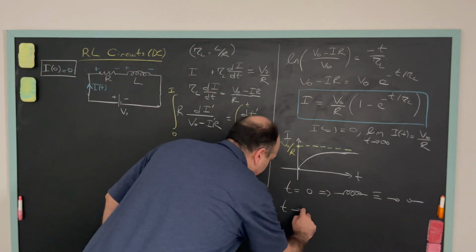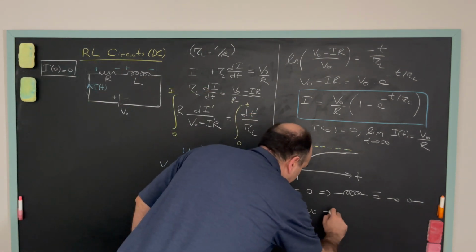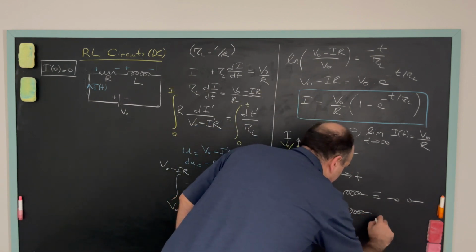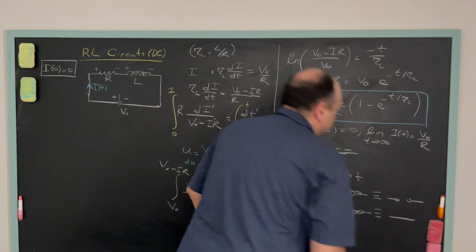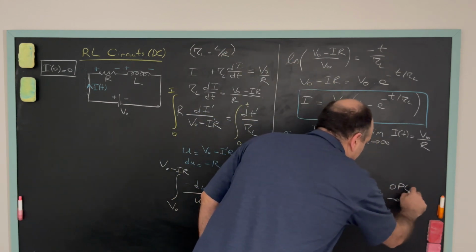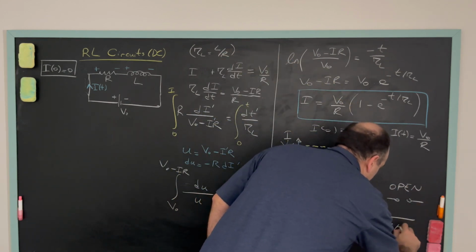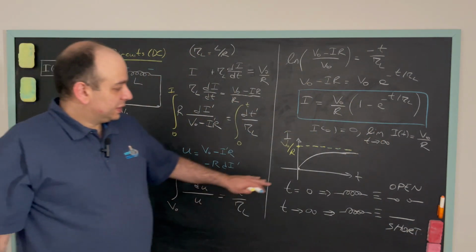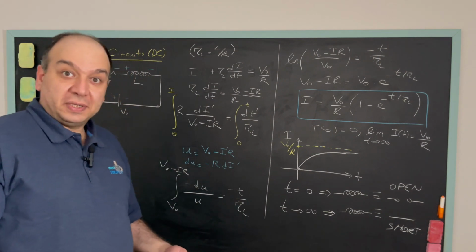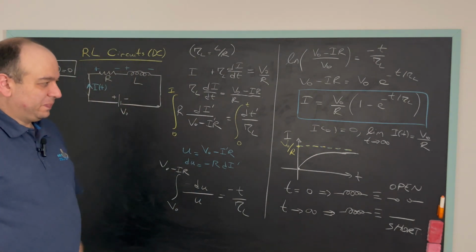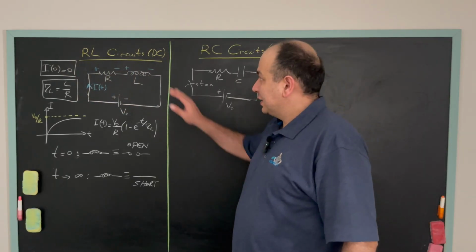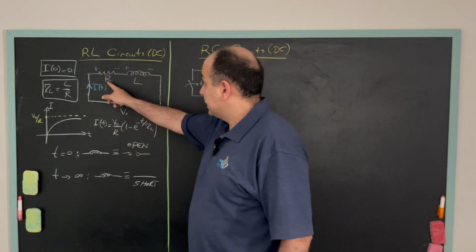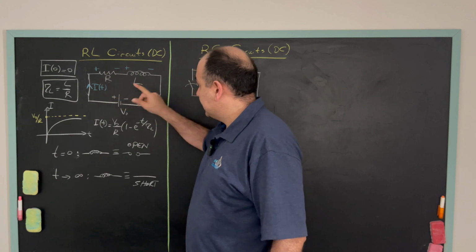However, if I wait long enough, the inductor behaves like a short. So this is open, this is short. So these are the typical behaviors of an inductor in a DC circuit. So far we have talked about RL circuits powered by a DC source where we had a resistor and an inductor.